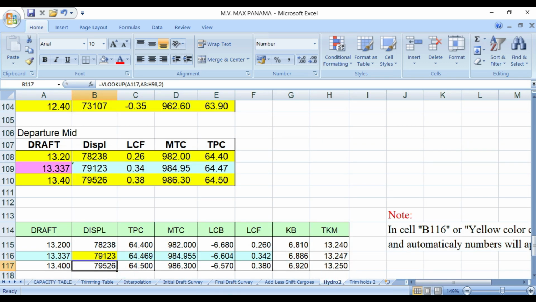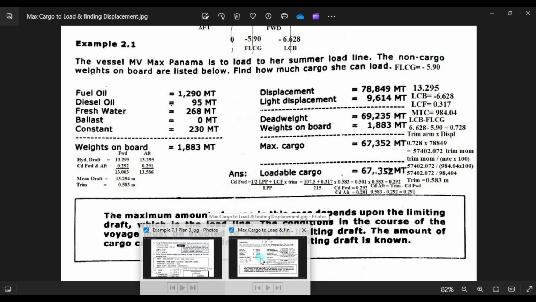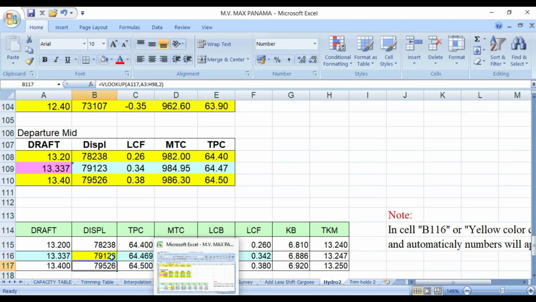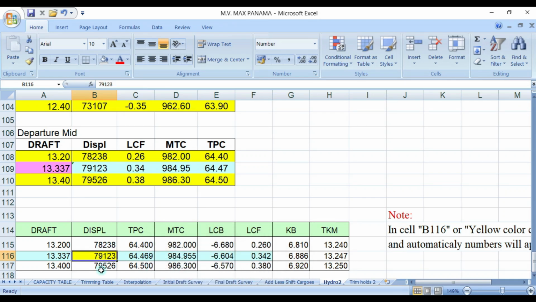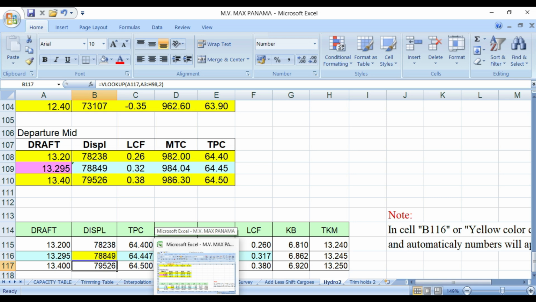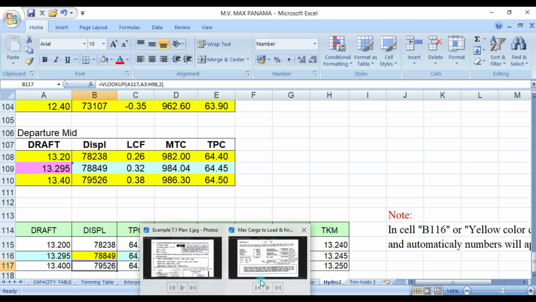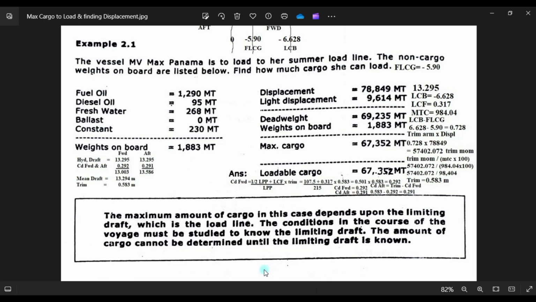What will be the draft at a displacement of 78,849? The corresponding draft will be 13.295. Check again. And the draft is 13.295. Okay, that will be the summer draft. So let's go to the other one.